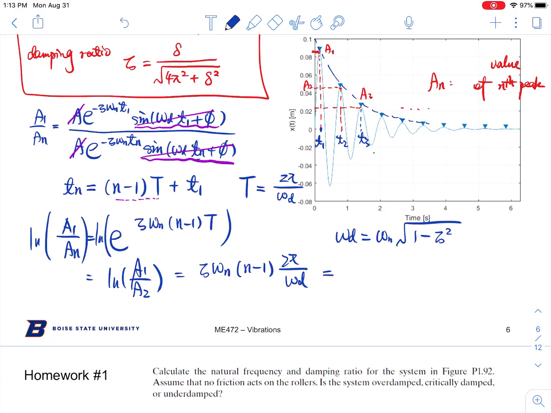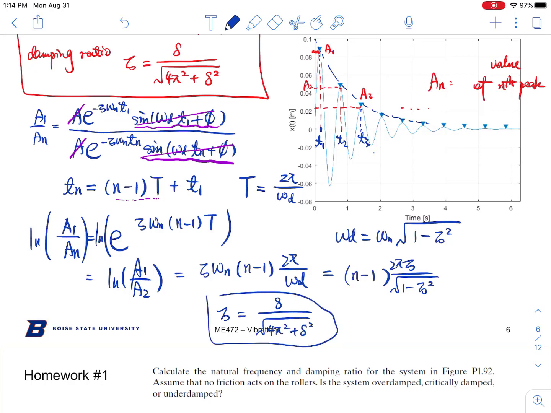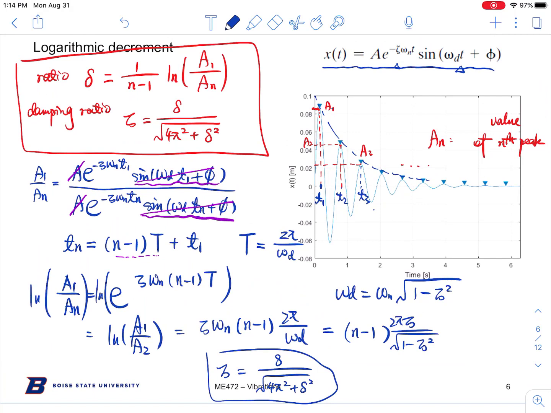Then you're going to have n minus 1 times zeta times 2 pi over the square root of 1 minus zeta squared. And then you can move things around and solve for your zeta equals delta over the square root of 4 pi squared plus delta squared. So that's how we get the equation above. So in your exam, you just need to remember how to use this equation.